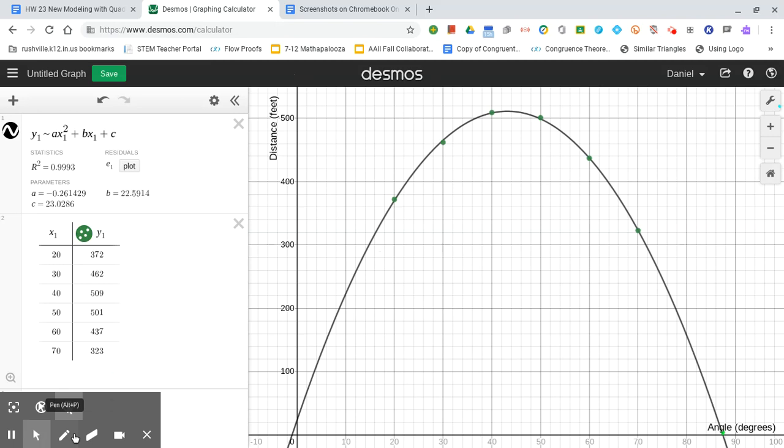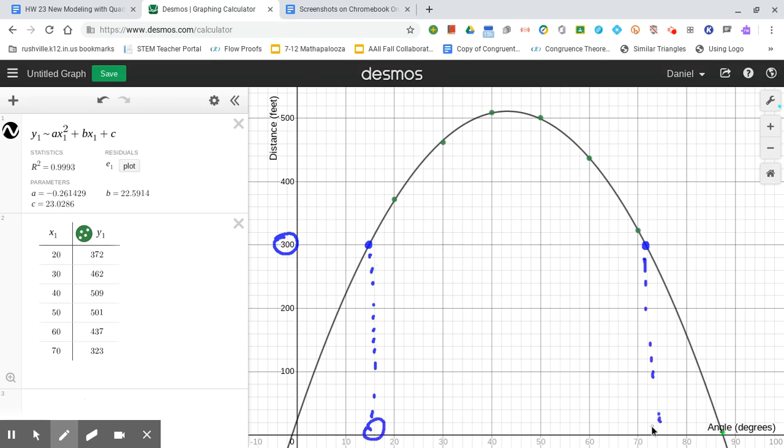If you go back to the graph, 300 feet would be a y value here. And we see there are two different points that have that y value. So that means there are two different angles that create this to happen, whatever these are. And so we're going to figure out what these angles are, these x values.